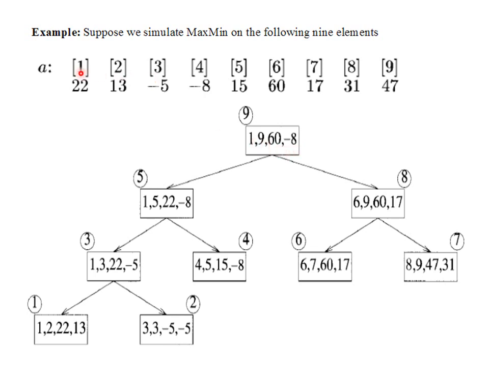In the list, 1 and 9 divided by 2 gives the mid value, and the first sublist is 22, 13, minus 5, 8. The minimum is minus 8, and the maximum is 22.